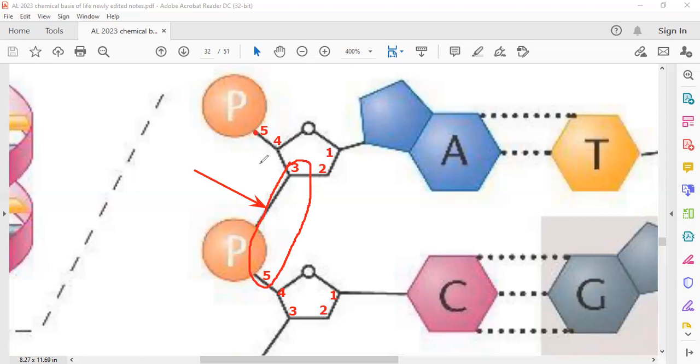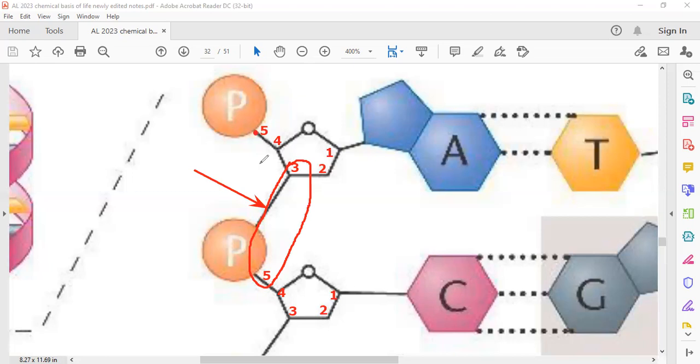It is connecting the third carbon and the fifth carbon through the phosphate group.